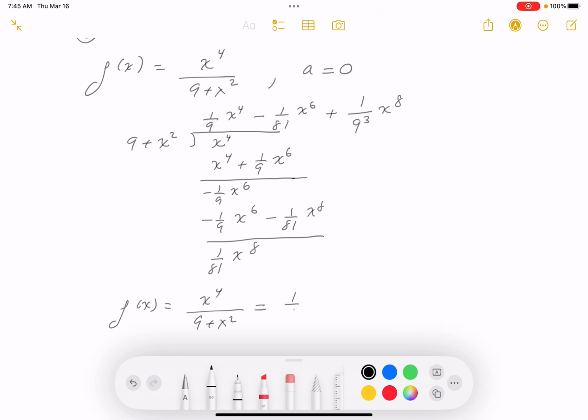I'm seeing 1/9 x^4, minus 1 over 9 squared x^6, plus 1 over 9 cubed x^8, minus, I can write the next term down. I'm certainly seeing a 1, and 9 squared, 9 cubed, 9 to the 4th. And then what do you get over here? X. Well, let's see. It looks like it's going up by 2. 4, 6, 8. So it's going to be 10. And then I can say plus, and so on.